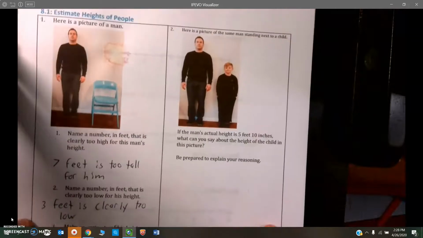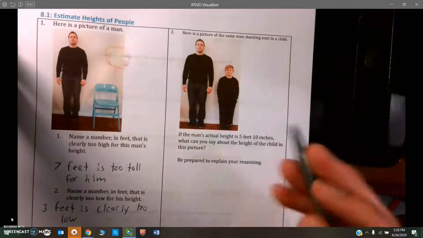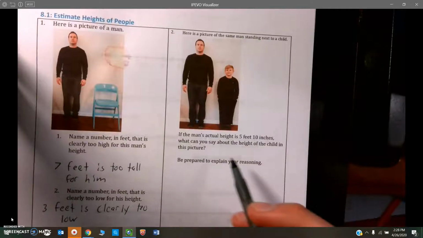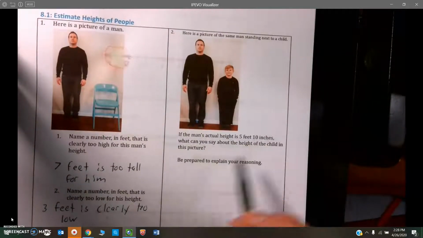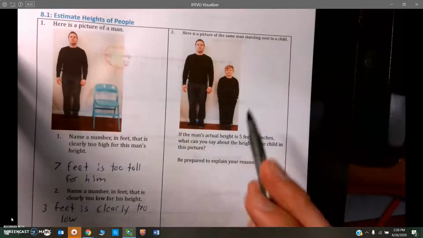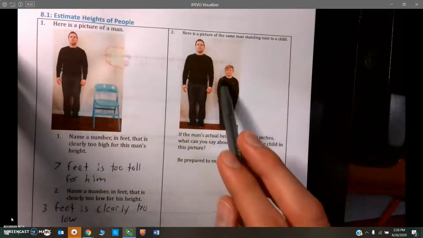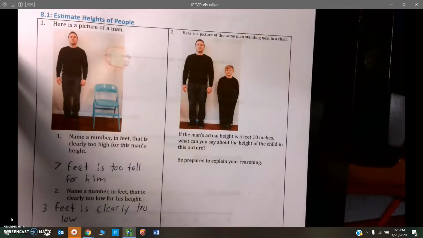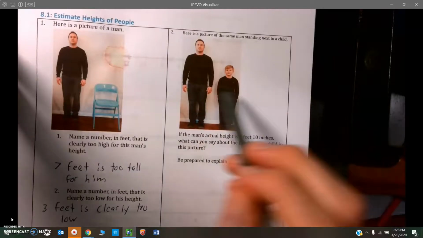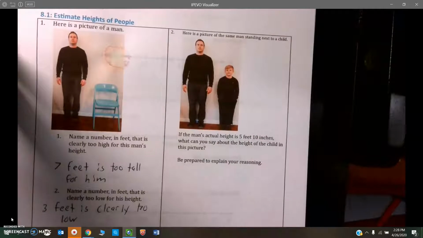Alright, so now here is a picture of the same man standing next to a child. If the man's actual height is 5 feet 10 inches, which is what I said, what can you say about the height of the child in this picture? So we could kind of make an estimate. It looks like the kid is about 2/3 of his height. But the one thing that we can say for sure is looking at the two, the man is definitely taller than the child.